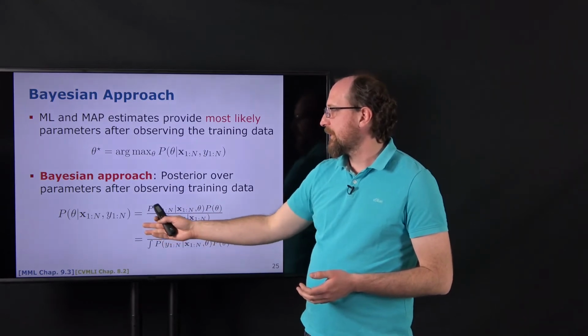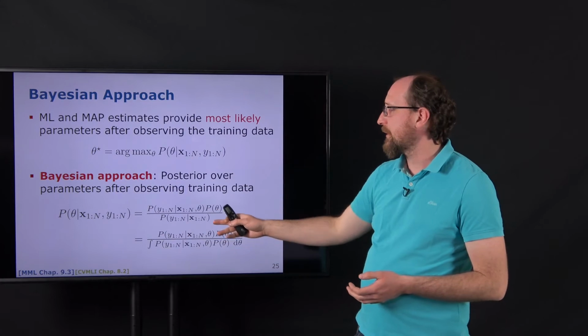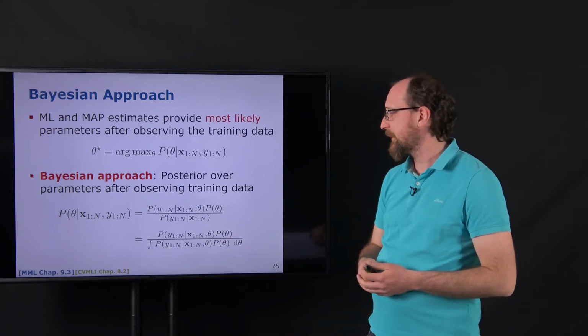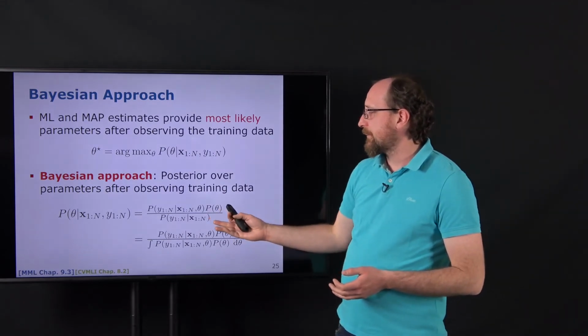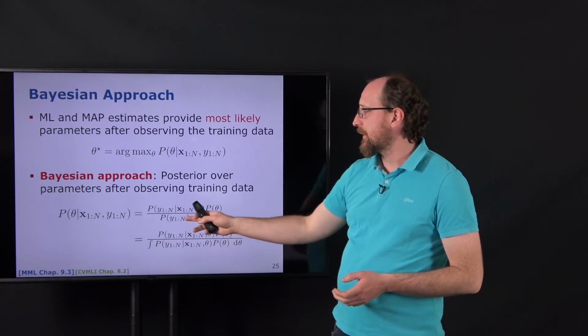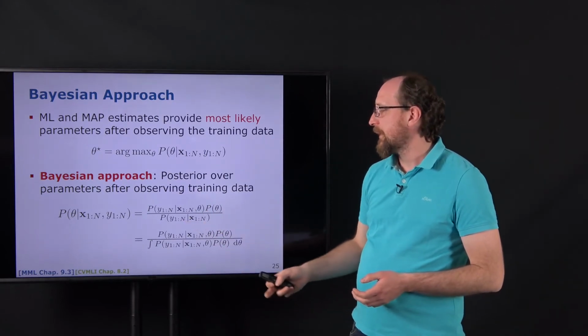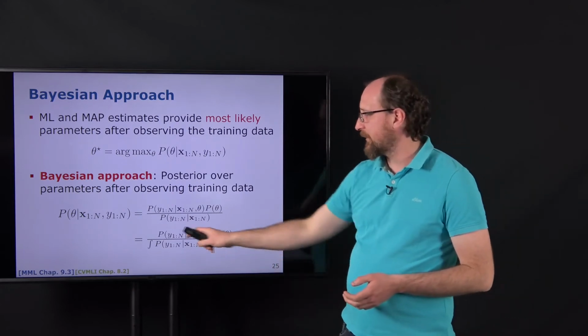As I showed in the beginning, the posterior over the parameters is given by the likelihood times the prior divided by the marginal likelihood. And as one can derive from the assumptions, we can rewrite the marginal likelihood in terms of the likelihood and the prior, which is just the integral over both.